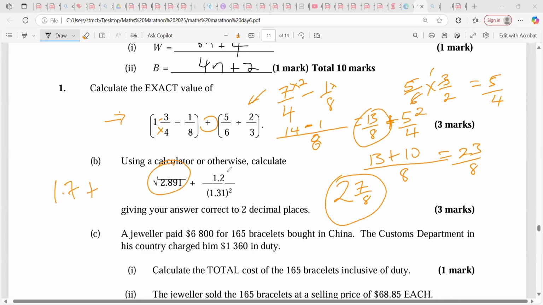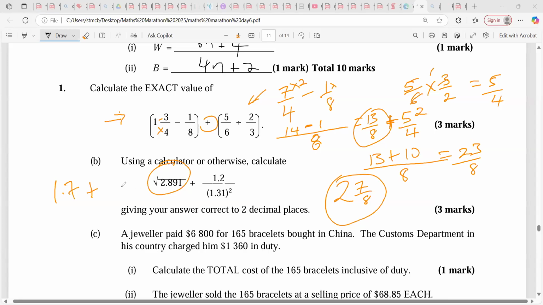Plus this is 1.2 divided by, open the bracket, 1.31 times 1.3.